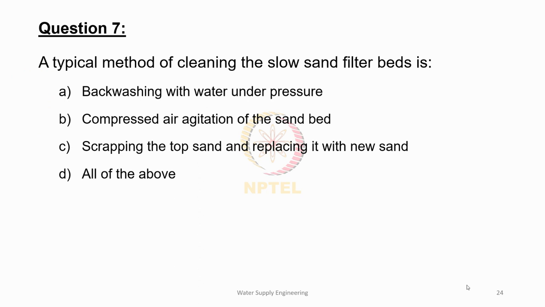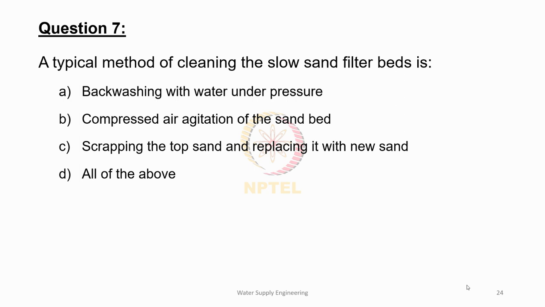Question number 7. A typical method of cleaning the slow sand filter bed is option A, backwashing with water under pressure. Option B, compressed air agitation of the sand bed.